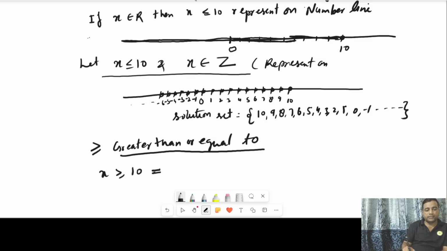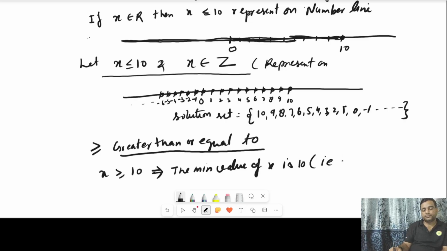So it implies that the minimum value of x is 10. That is, either x is equal to 10 or greater than 10.